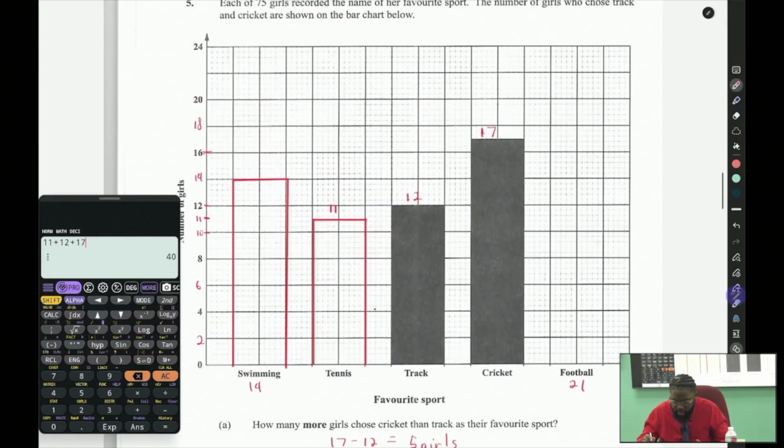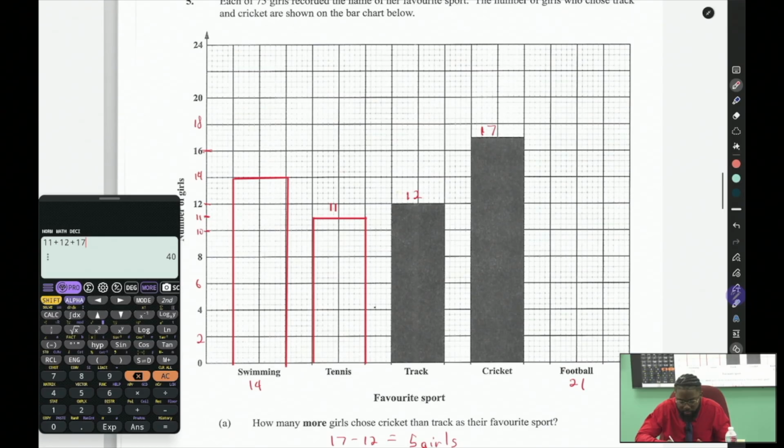And for football, it's going to be 21. So 21 will be at the halfway mark between 20 and 22. So that is going to be right here. All right.